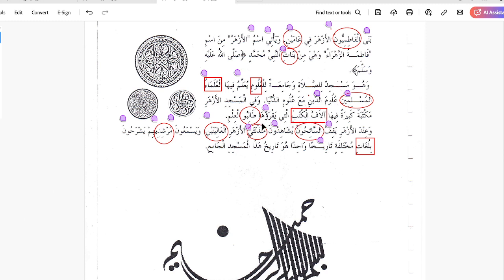Allati yakra'uha talibul ilm, the students of knowledge, they read those thousands of books which are in the big library in Masjid Al-Azhar. So alaful kutub is the broken plural here. Alfun, alafun, thousand, thousands. Kutub is the broken plural for kitab.